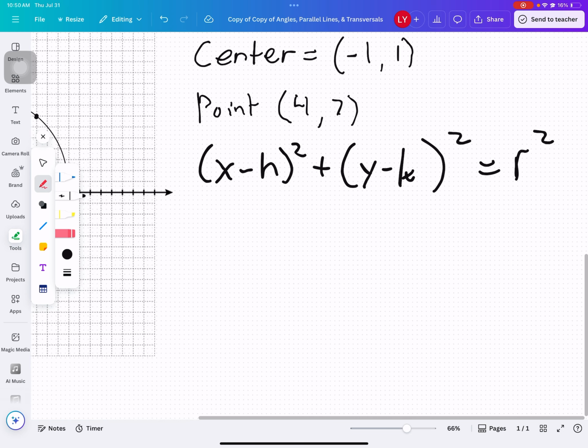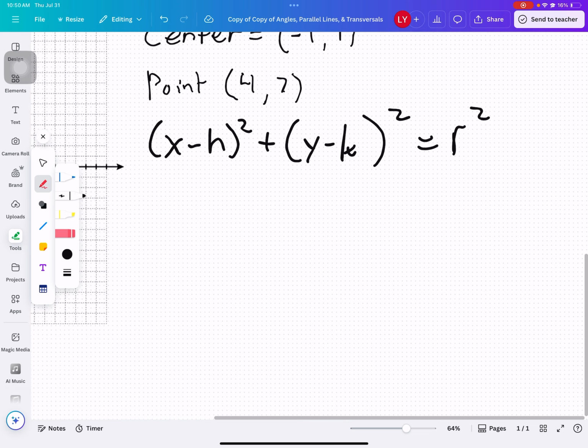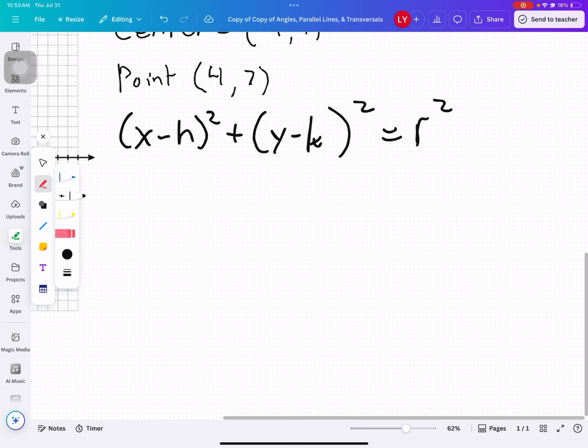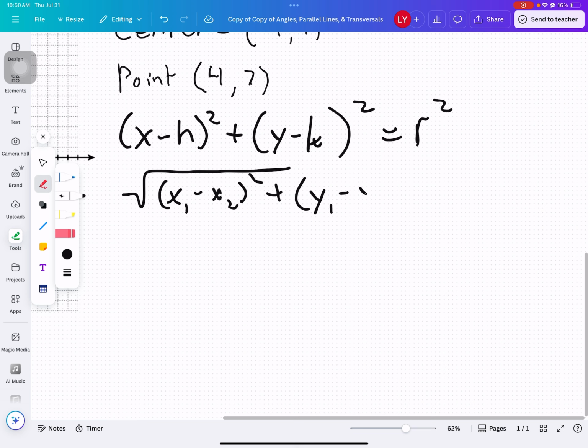Now, you'll see that this equation closely resembles the distance formula, which is square root of x1 minus x2 squared plus y1 minus y2 squared is equal to d.